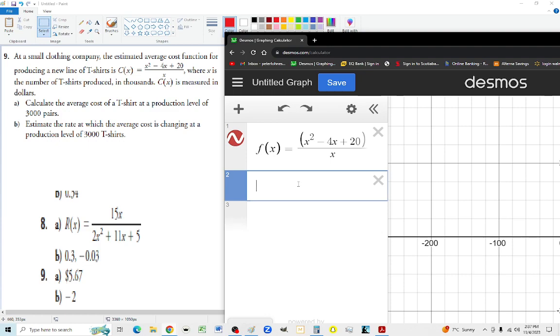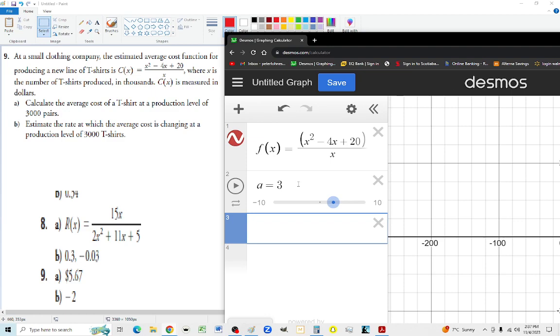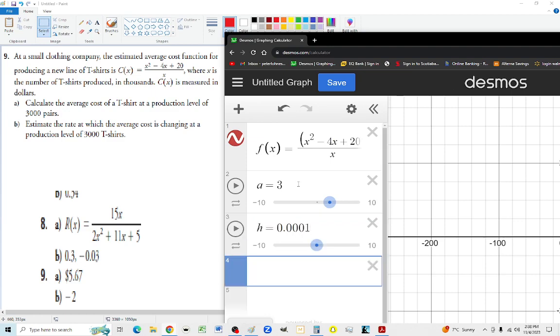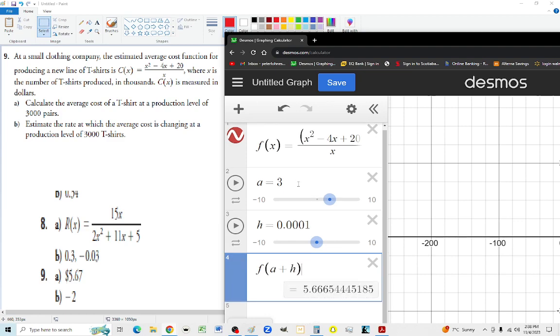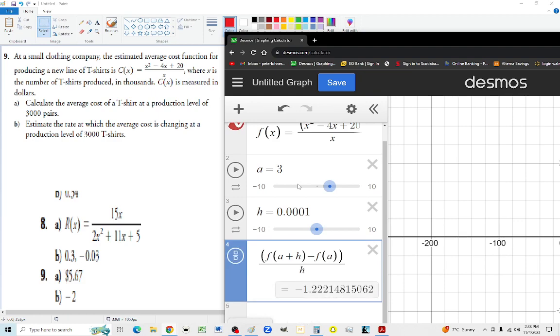So the average change, where a is equal to 3, h is equal to 0.001, f of a plus h minus f of a divided by h. So you get negative 1.222, and they're saying negative 2. I don't know how they got that.